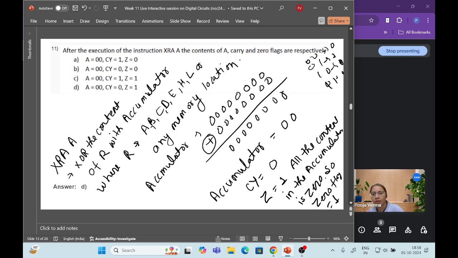Okay. So what answer will be correct? That means accumulator is 0 0, carry flag will be 0 and zero flag will be 1. So option D is the correct answer for this question. Okay. I hope you understand this question.